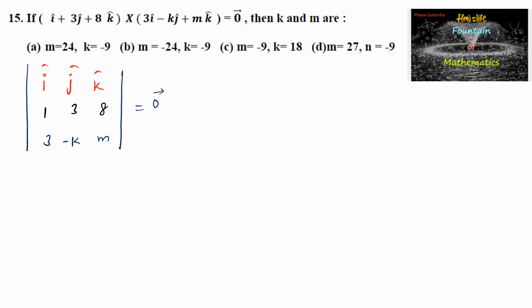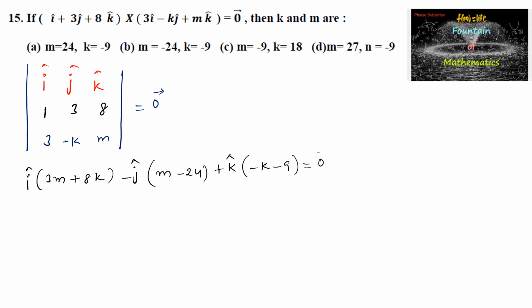So let us simplify this. We can write i times (3m + 8k) - j times (1 times m - 24) + k times (-k - 9) is equal to 0.